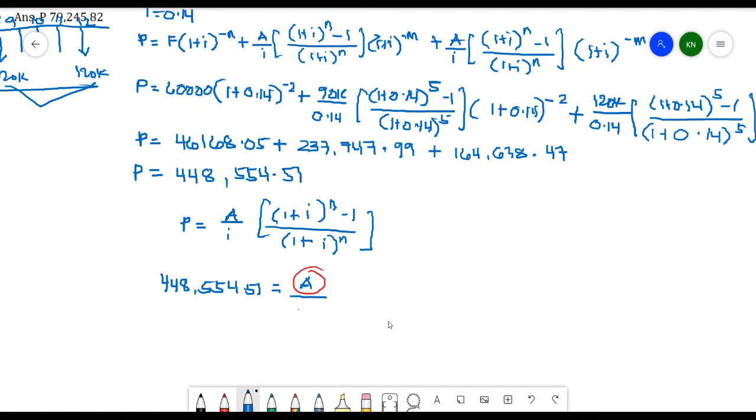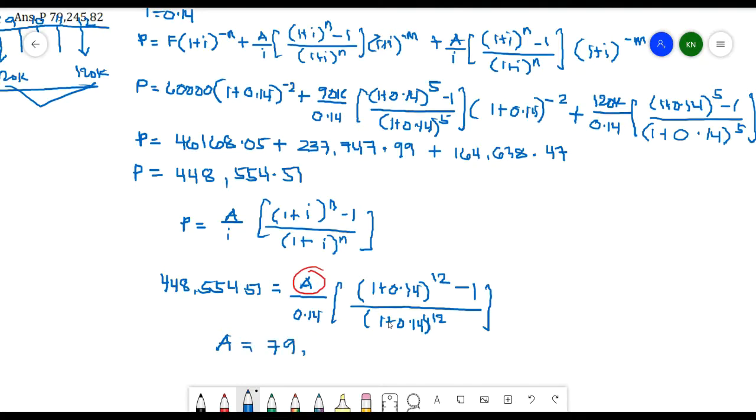So we have our I as 0.14, multiplied by 1 plus 0.14 raised to n, which is equivalent to 12, that is in the 12-year period, minus 1, all over 1 plus 0.14 raised to 12. So A now is equivalent to 79,245.82.